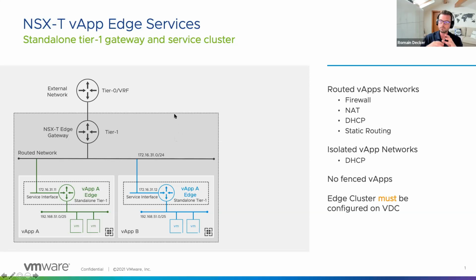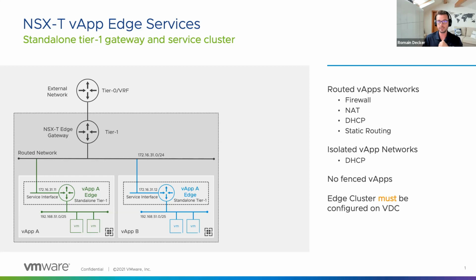Yes. So the way we are doing that, because we use the service interface port, as it's running on the SR component, it's running on the NSX-T edge node. So how do we know which edge node we have to use to instantiate this service interface? Well, before being able to consume tier 1 gateways as the vApp edge, you have to go in the ORVDC and define the edge cluster, so the NSX-T edge cluster to use for those SR components.